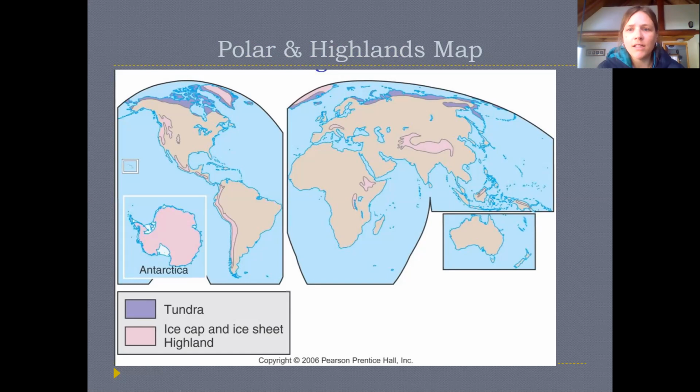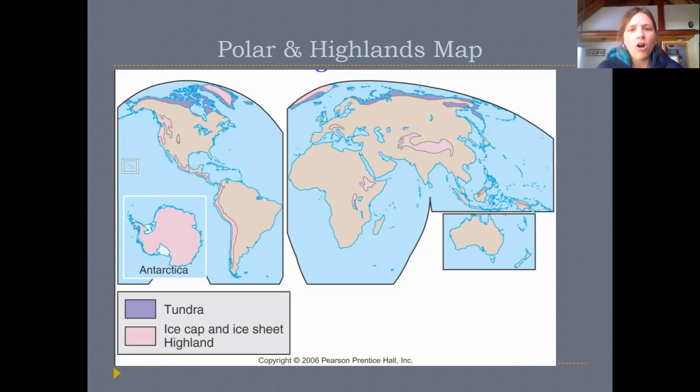And those are areas of the world that are way up high in the mountains. So we can see the Himalayan mountains. We can see areas of volcanoes, like where Mount Kilimanjaro exists in Africa. We can see the Andes Mountains in South America, the Alps in Europe, the Rocky Mountains in North America, and other volcanic ranges in Central America.